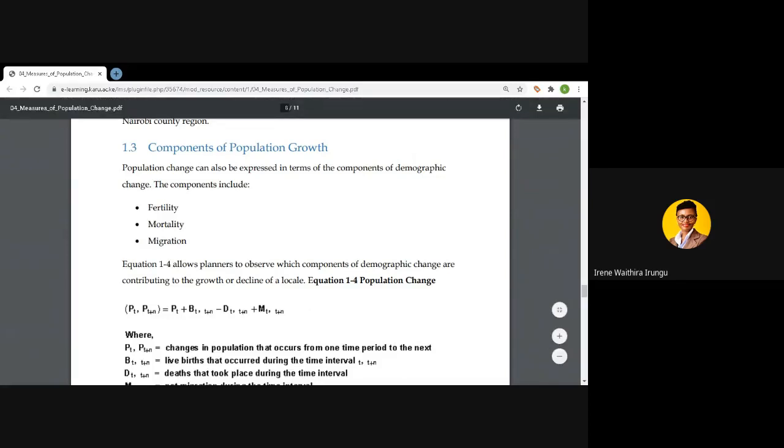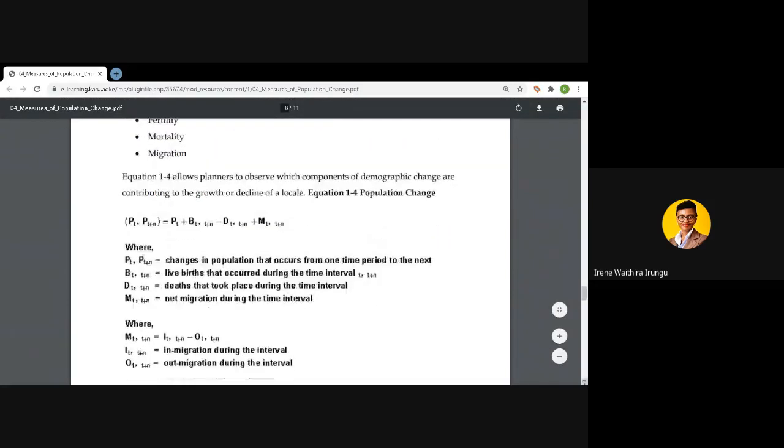So we can actually model our population change process between time t and time t plus n to be the population at time t plus the number of births between time t and t plus n, less the number of deaths between time t and time t plus n, plus any net migration.